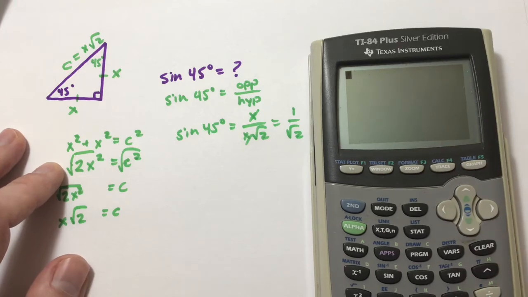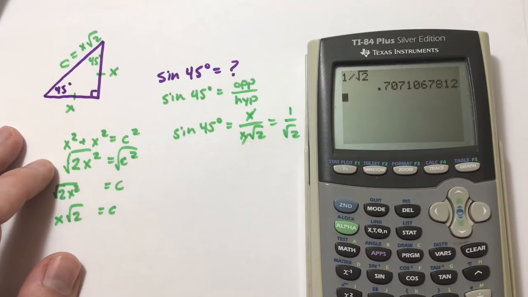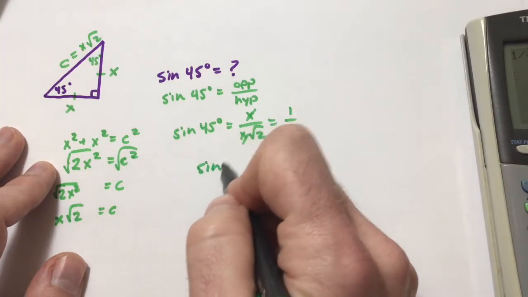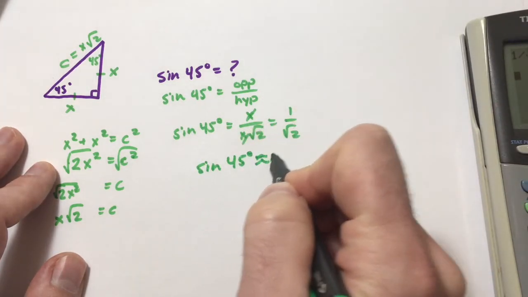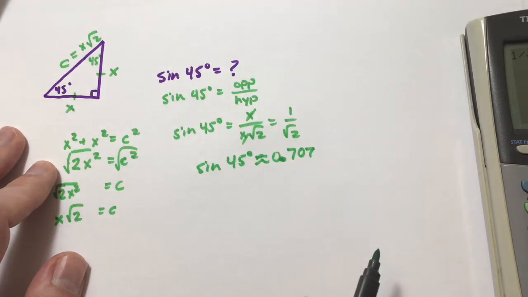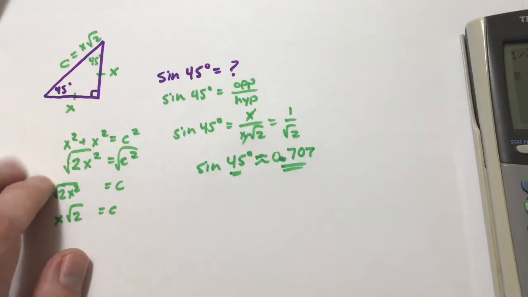I'm just going to get a decimal approximation here, 1 divided by the square root of 2, and that tells me about 0.707. It's approximately equal to 0.707. So this is where the input is an angle and the output is a number.